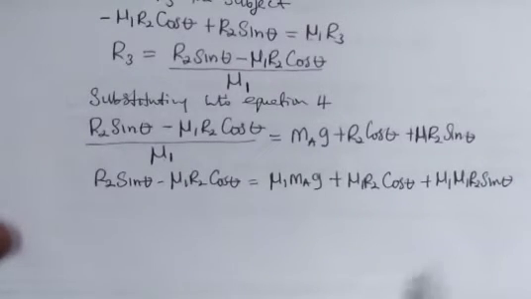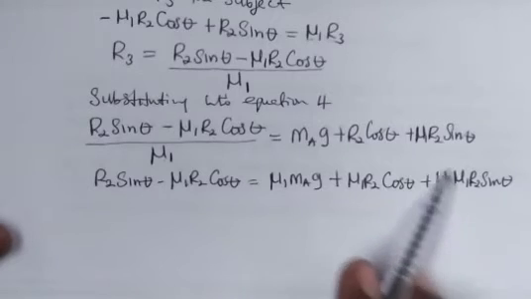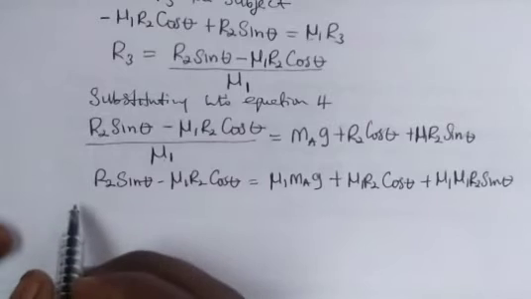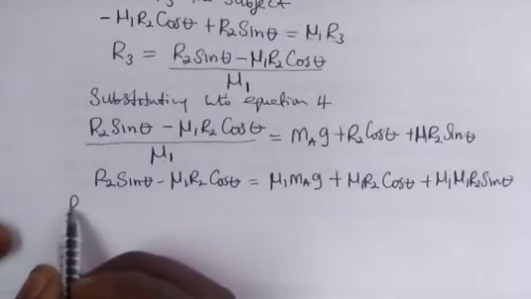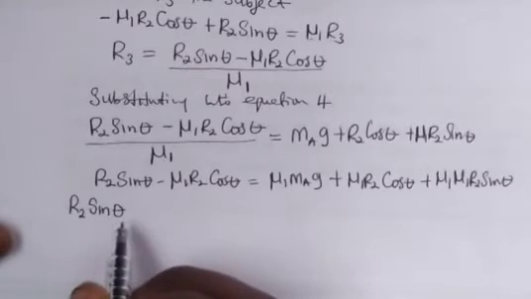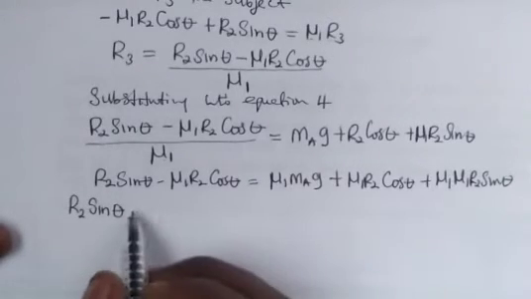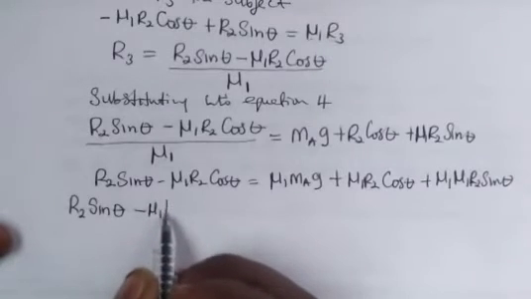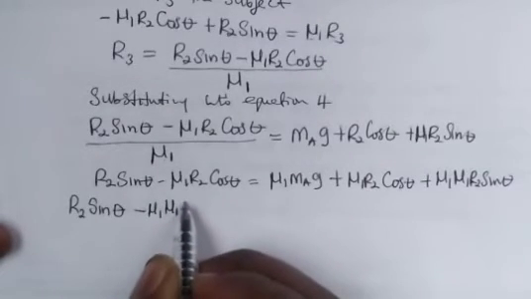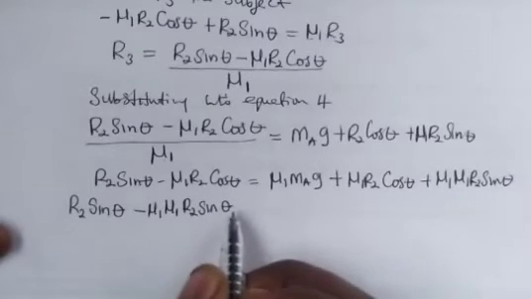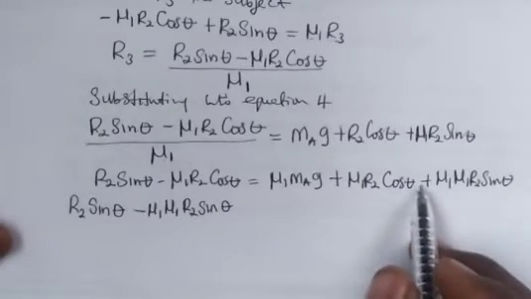So in doing that, bring everything that has r2 to one side. So I'll be having the r2 sine theta, and this is minus mu1 r2 sine theta, because when it's coming here, this corresponds to minus.